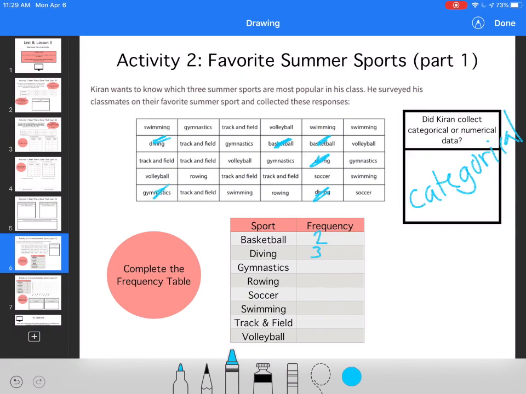Gymnastics, 1, 2, 3, 4, 5. Rowing, 1, 2, so 2. Soccer, 1, 2. That kind of surprises me.